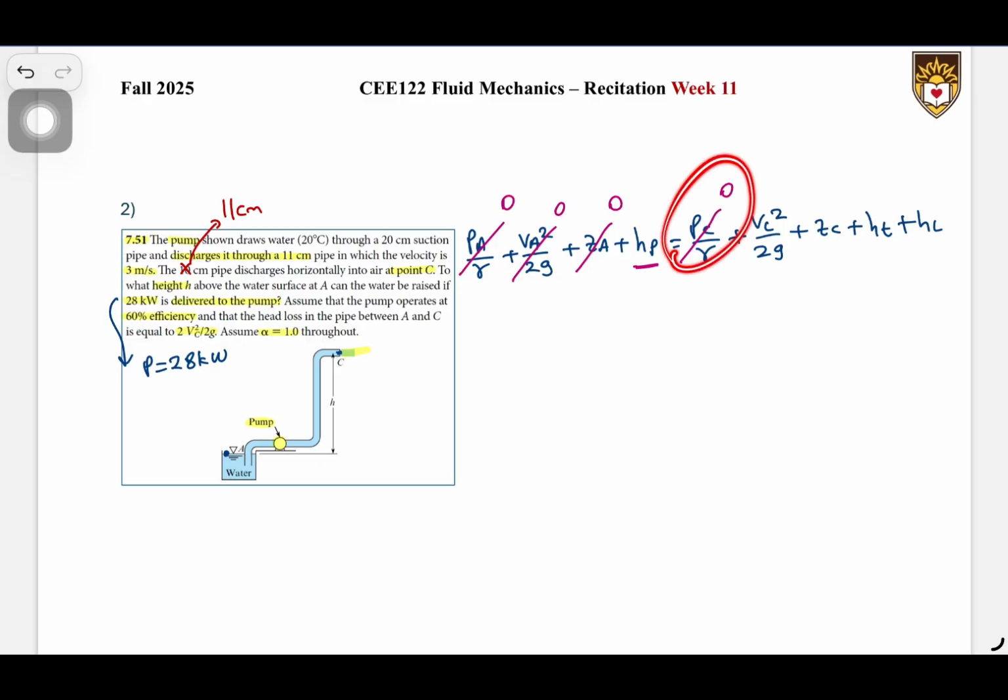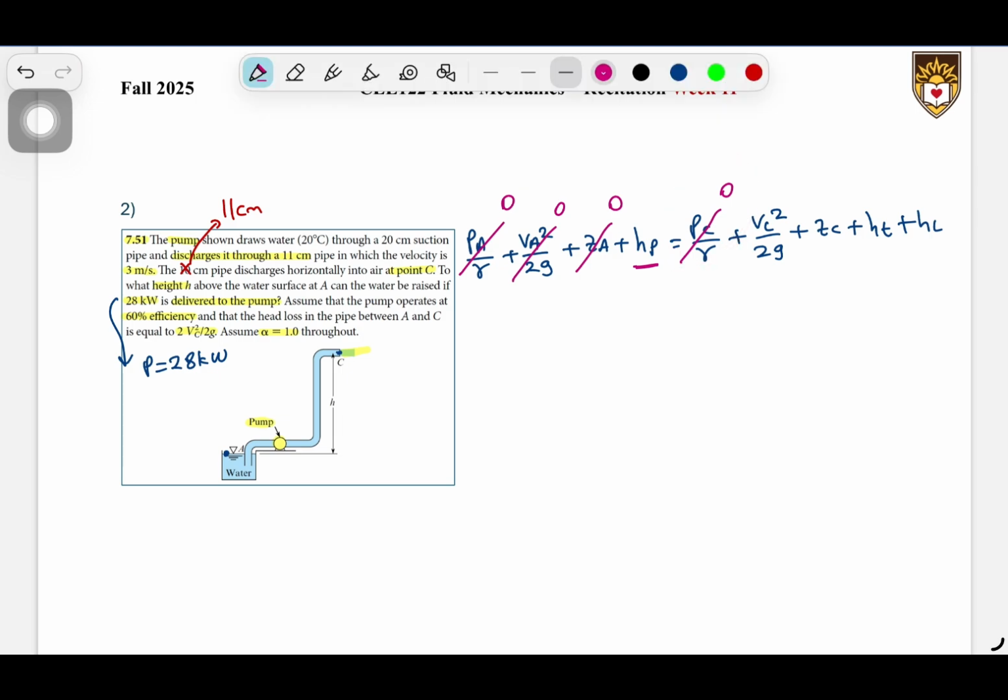But of course, we will have velocity because this water is discharged with a velocity. And we have ZC, so it will be this height between A and C. So we can call it H, because it is what we are going to find.